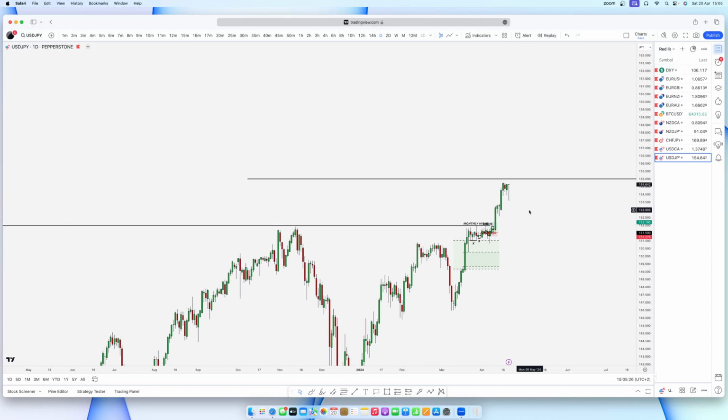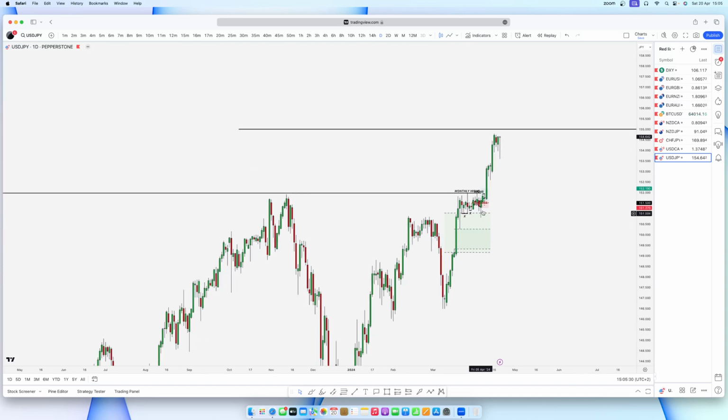I took a buy from here, but I should have held it till 155. It would have given me like a 1 to 15 reward, but I didn't take it all the way to this high. So USD JPY price is almost at 155.